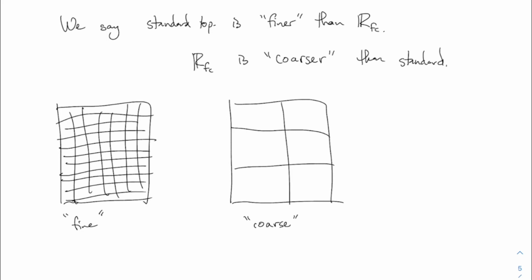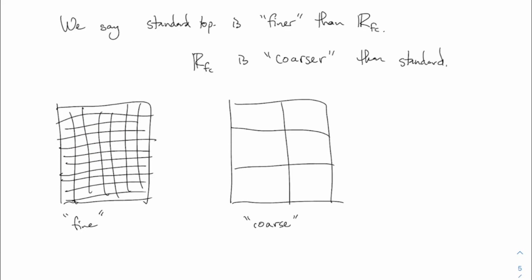We say the standard topology is finer because it has more open sets in it, and those individual open sets can be smaller than the open sets from the finite complement topology. In our book you can see a very fancy version of this picture, where they drew a brick wall with big bricks here and a crazy stone wall with tiny little weird shaped blocks on that side. Finer and coarser.